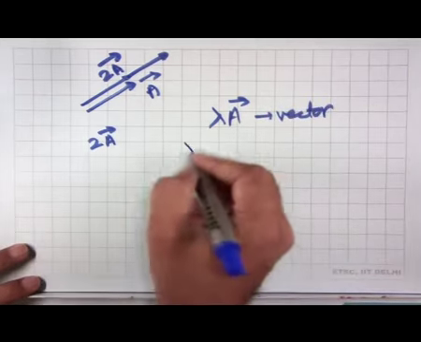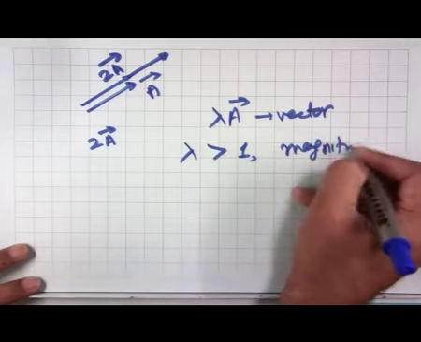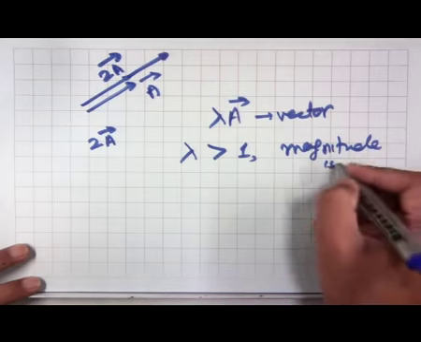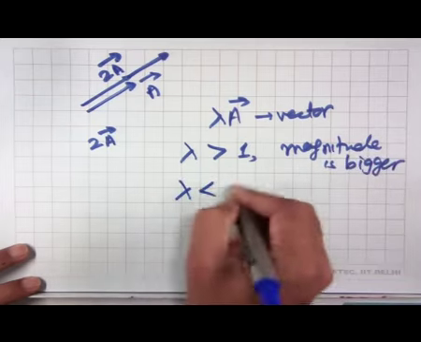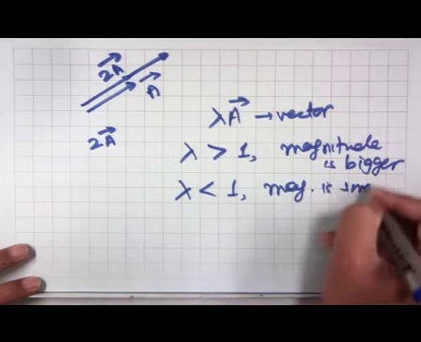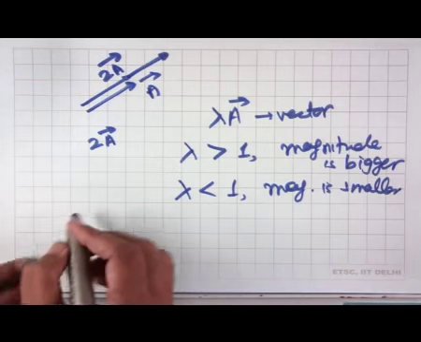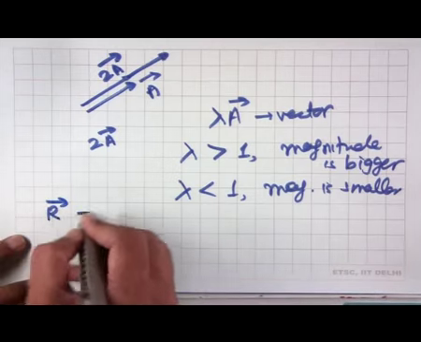If lambda is greater than 1, then the magnitude of the product is bigger, and if lambda is less than 1, then the magnitude is smaller.